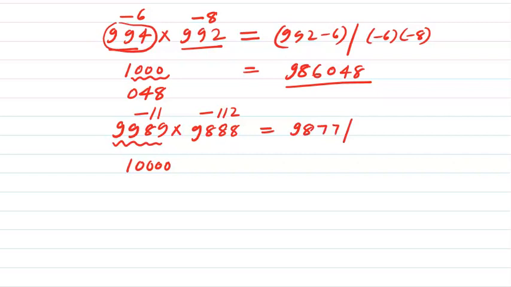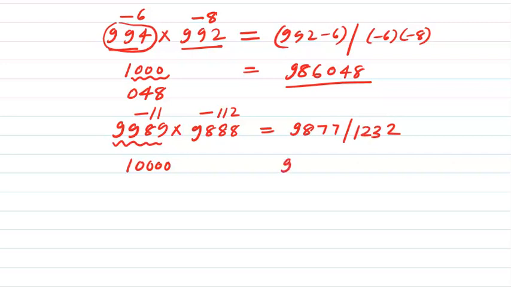What will be my right hand side? I have to multiply 11 by 112. And I hope you also have seen the video on this channel where I have talked about how to multiply a number by 11. So you remember that you consider an imaginary 0 and you add that, so you get 2. 2 plus 1 is 3, 1 plus 1 is 2, and 0 plus 1 is 1.